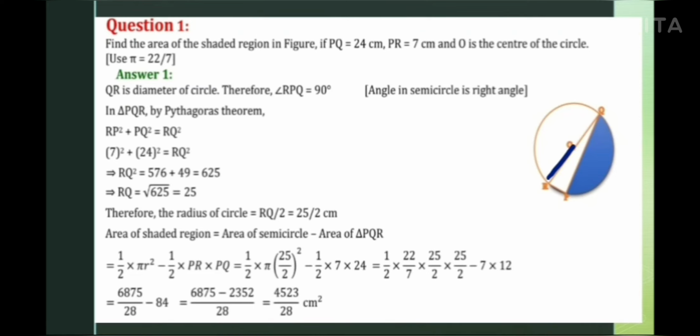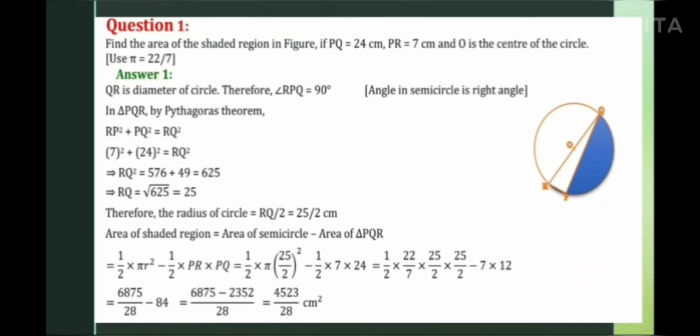Now since this angle is 90 degree, triangle QPR becomes a right angle triangle. In this right angle triangle, the base is given as 7 centimeter and the perpendicular is 24 centimeter.